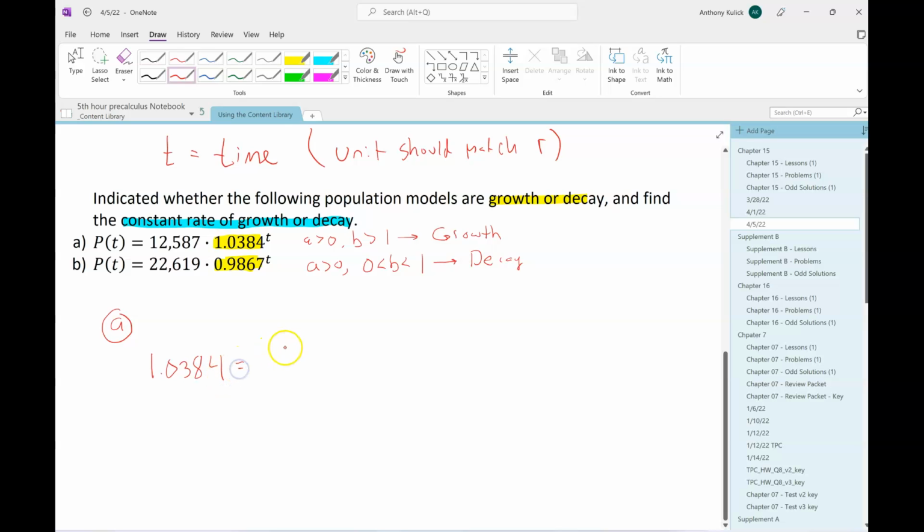So for the first one, I'll just say this. And now I can just solve for r. So we'll subtract 1 from both sides first.